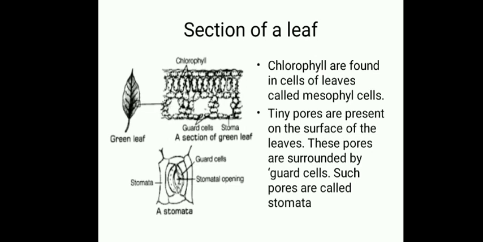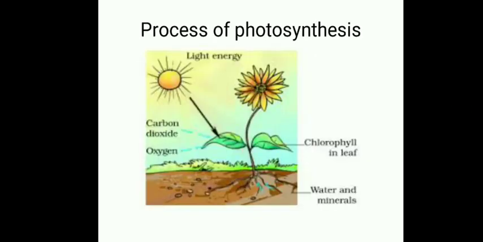The shape of the guard cells is like kidney beans, which means rajma. These kidney bean shaped cells are called guard cells, and they have an opening in between which is called the stomatal opening. So this is the basic structure of stomata, two guard cells which surround a pore or opening called the stomatal opening.